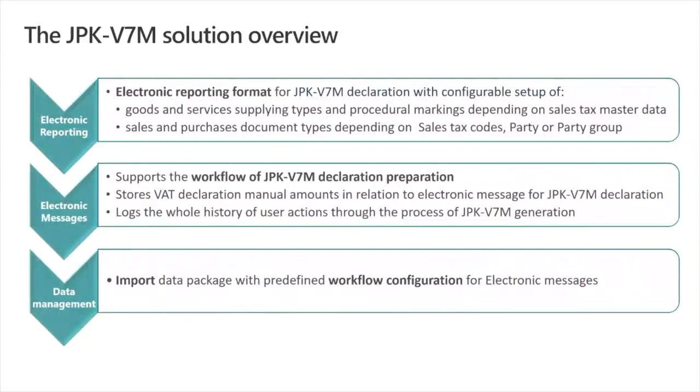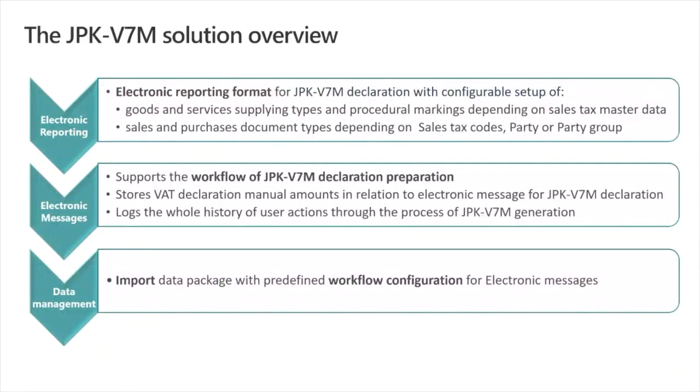We delivered JPK audit files implemented in the same way. However, this report, unlike the previous ones, requires configuration. So there is a special section in electronic reporting which you can use to provide this configuration. And further in this session, Elisaveta will guide you through the configuration of the report.